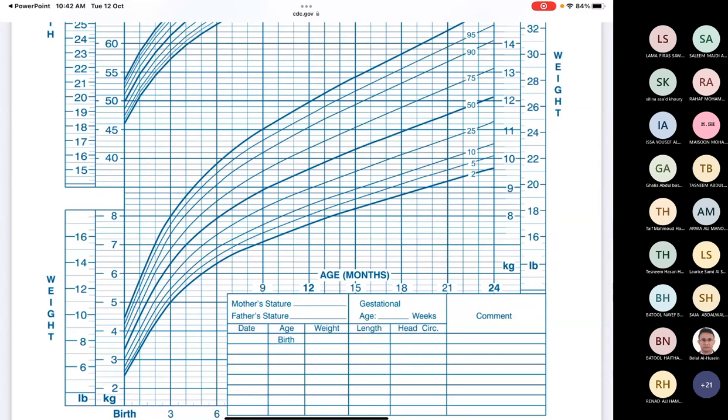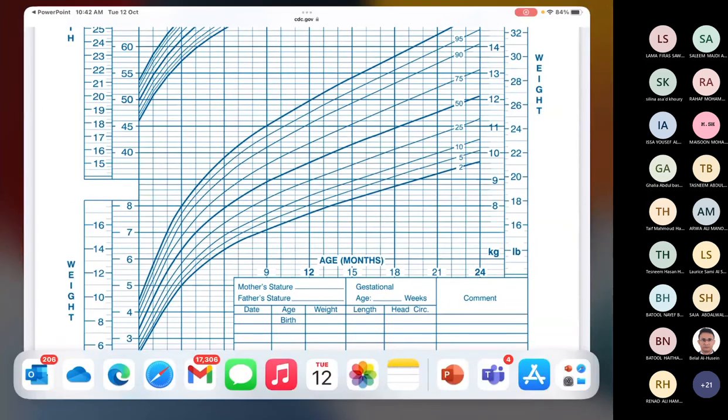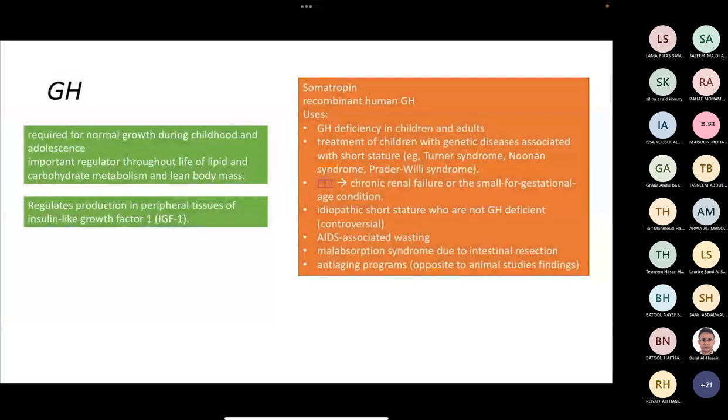If a baby is not growing well, there are recommendations. If the weight is less than the 20th percentile for a baby per age, whether in weight or sometimes height, or the 33rd percentile, if the baby is below that percentile curve, this is called failure to thrive, or failure to grow properly.